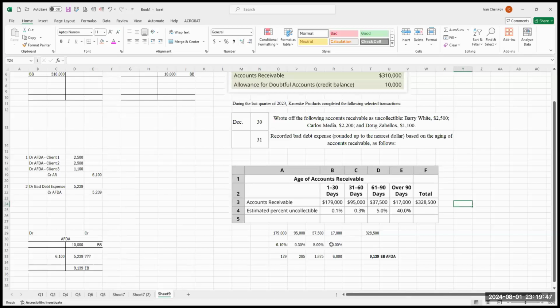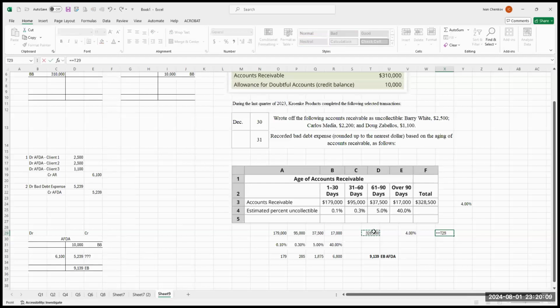Now it will be only 4% from the ending balance on accounts receivables. So that will be 4% here.